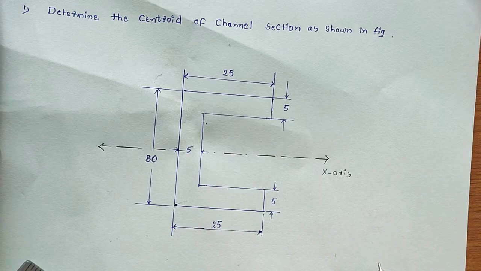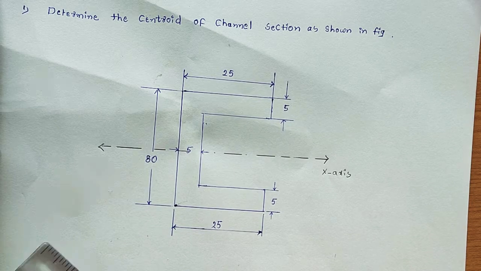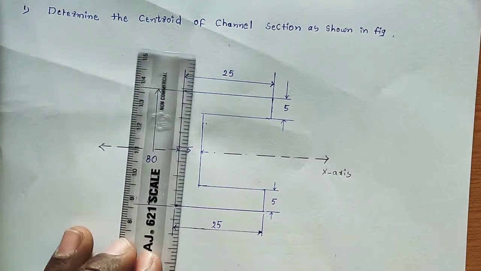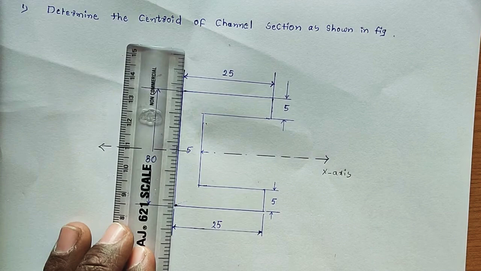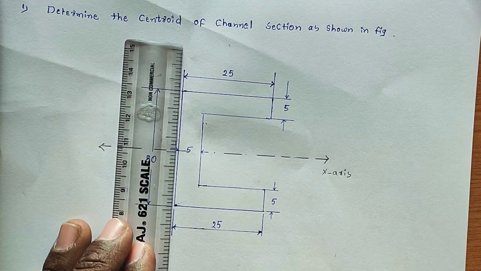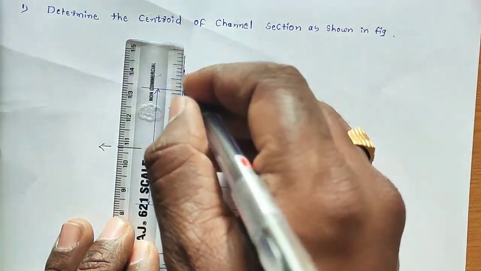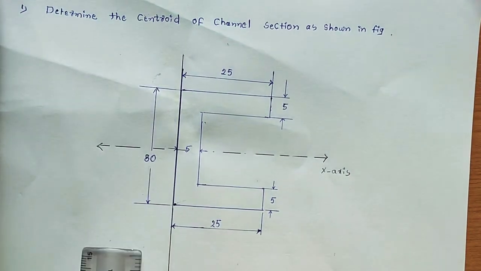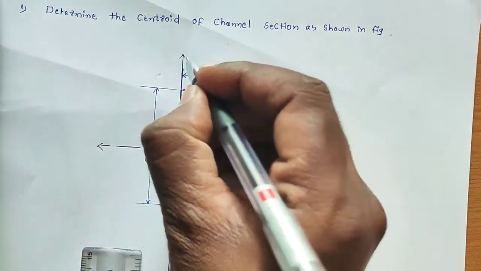So that's why we are going to draw the y-axis at the outer edges of this section. Outer edges means here we are going to draw the y-axis here. So this is the y-axis.